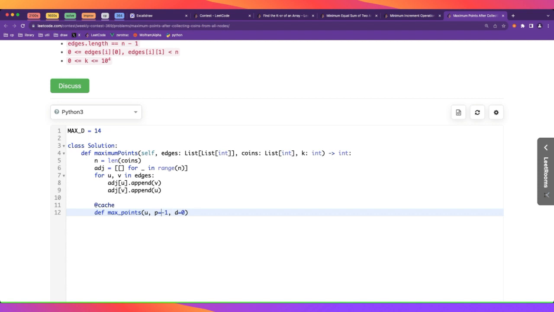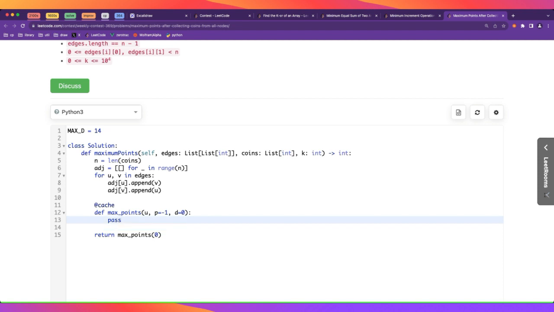Initially it's going to be 0, right? So eventually we're going to return the maximum points starting from the root, which is node 0.